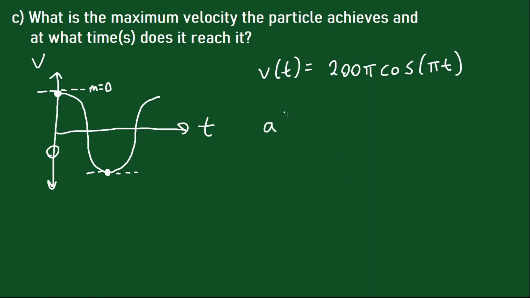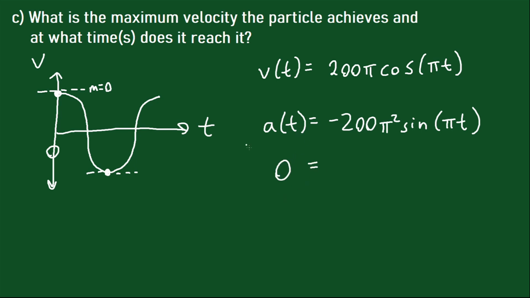And we already said that the acceleration equation is equal to negative 200 pi squared times sine of pi t. Well, if you want to find where those maximums and minimums are, you can plug in 0 for the acceleration, because 0 is the slope of these lines. So 0 equals negative 200 pi squared sine of pi t.